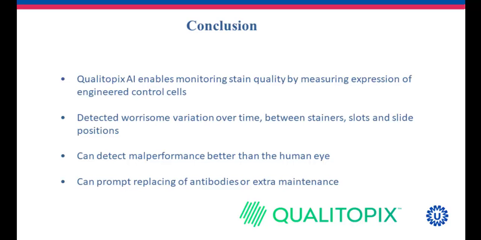These were problems that we had not detected before. So I think this shows that AI can detect this malperformance better than the human eye. And in our hands, this prompted replacing antibodies and extra maintenance that truly helped to solve the problem. So I think this is an important development and an important area of application of AI in daily pathology practice.